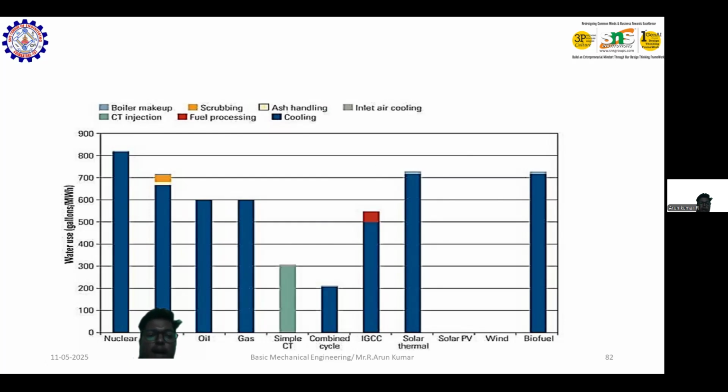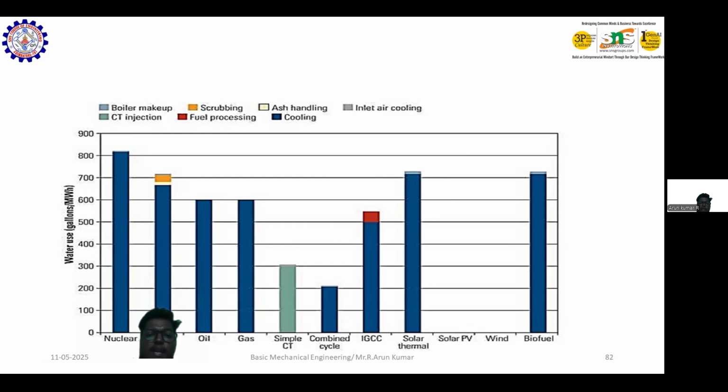Coal has water usage of above 650, and scrubbing is additionally there. Oil is used for cooling at around 600, but nuclear has a cooling requirement of around 820.